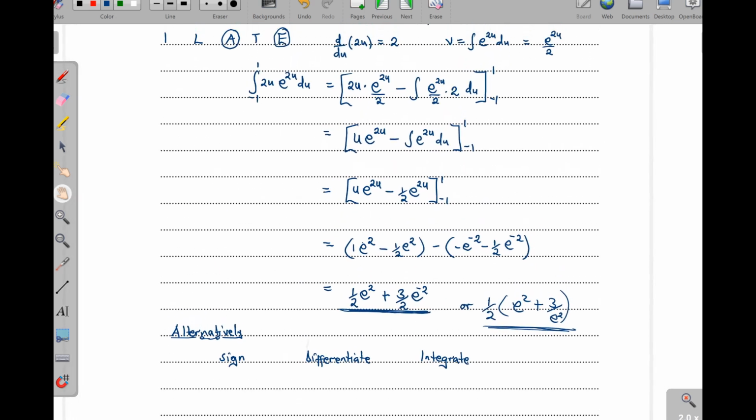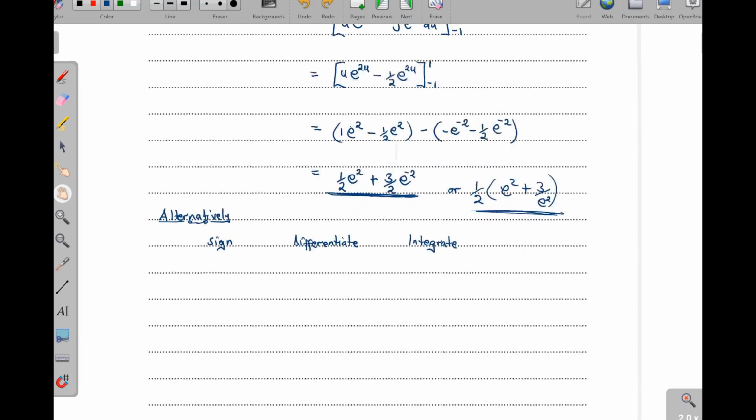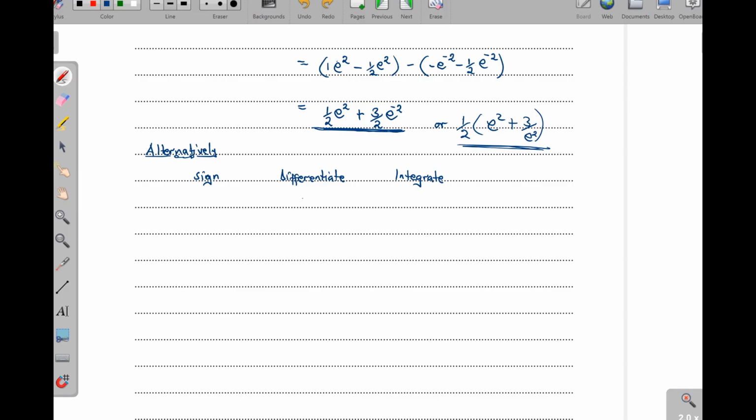From these two, we saw that this is the one to differentiate, this is the one to integrate. So you put 2u here, then the e to the power of 2u. You differentiate this until it comes to 0. When you differentiate this with respect to u, you get a 2. Then differentiate it again, you get a 0. So you stop there because you have reached the 0.